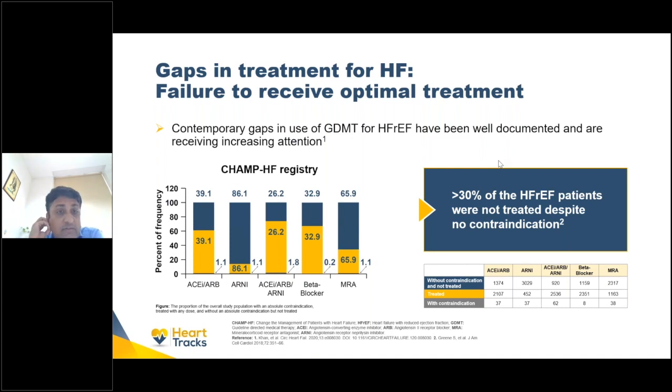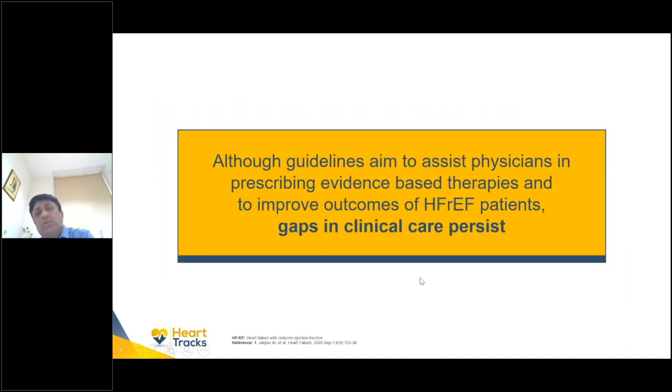Now, this is the data from the US CHAMP Heart Failure Registry, where they included patients who were taking at least one heart failure drug. And we could see that more than 30% of these patients, who were without any contraindications, were not being offered any management. So in spite of all the guidelines to assist physicians and practitioners to give evidence-based therapies, there are many gaps in clinical care.